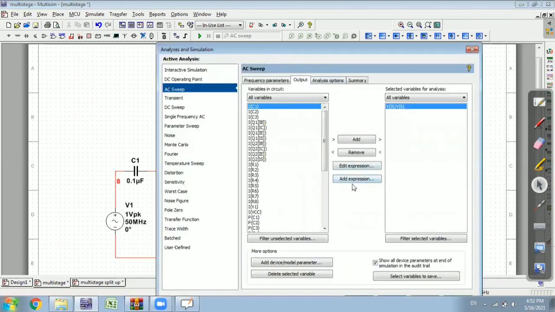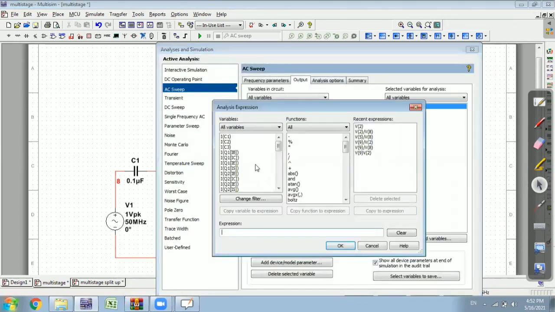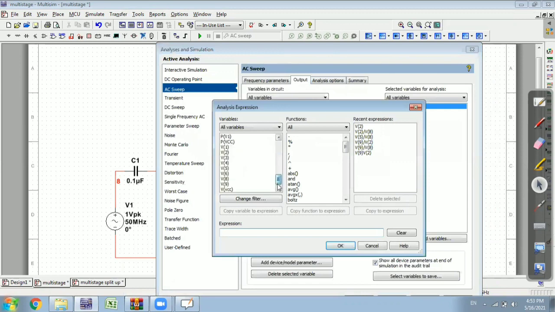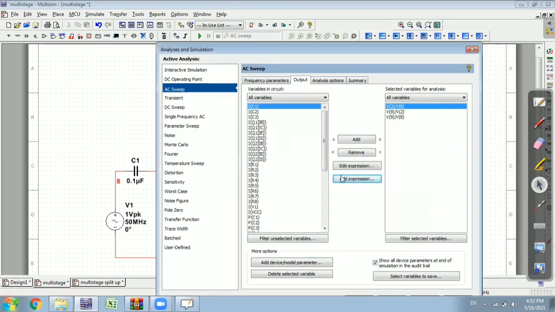I'm going to add expression V9 divided by V2, and one more expression V2 divided by V8. Okay, now we will simulate all these three expressions.